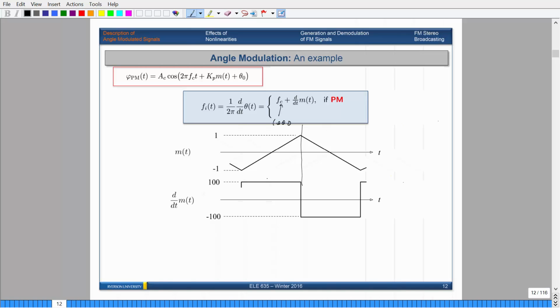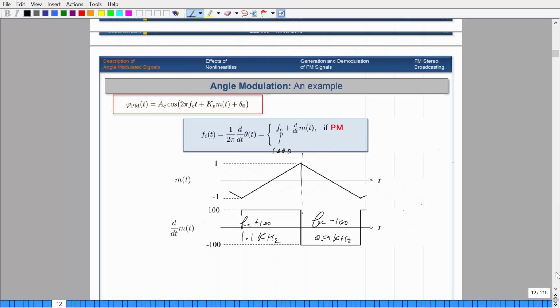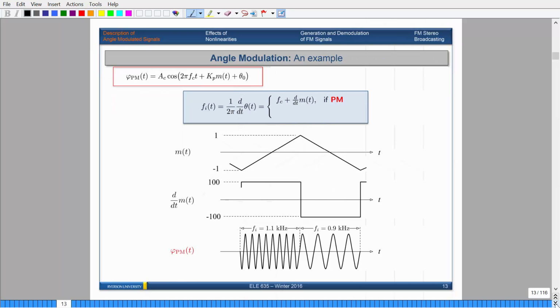At this portion, this becomes fc plus 100, so the frequency here would simply be 1.1 kilohertz. And the frequency between these points is fc minus 100, which is 0.9 kilohertz. So that's what's happening. On the positive trend, you have 1.1 kilohertz, and on the negative trend, you have 0.9 kilohertz. And that's what the wave looks like.